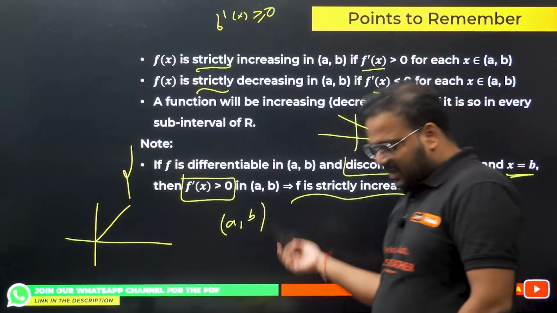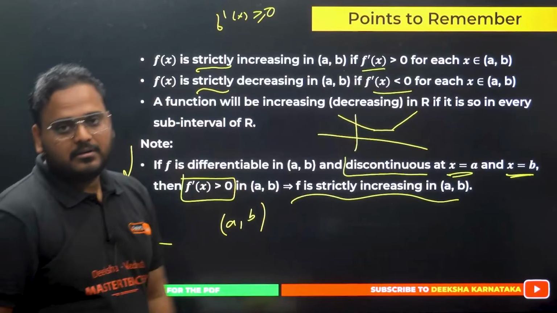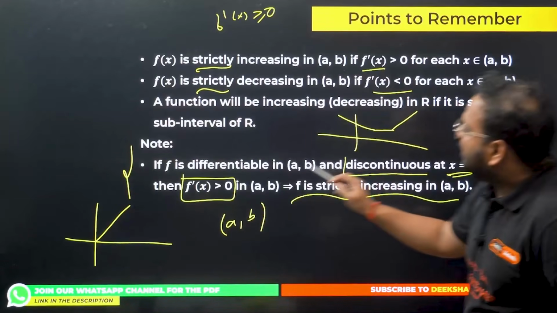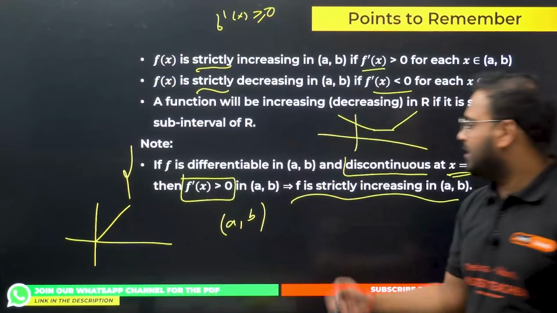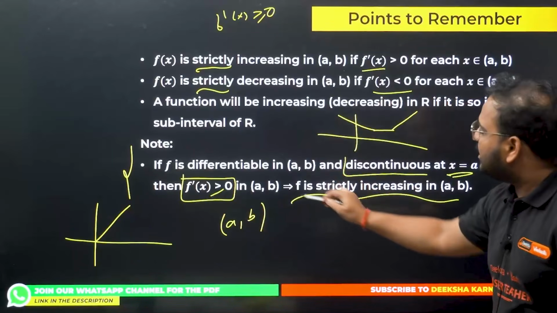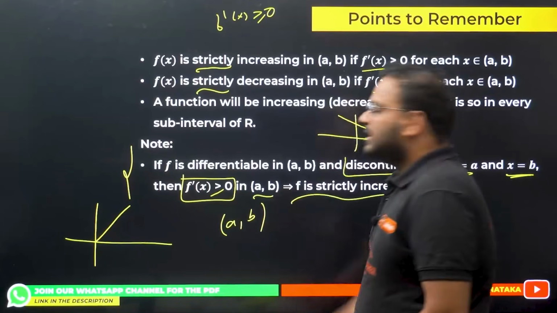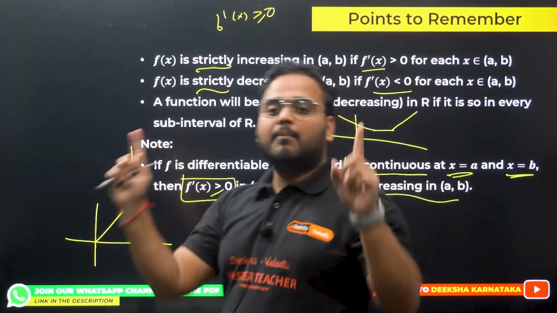Then the points a and b will be out of the conversation for your domain. In that case, even though I have greater than or equal to also, it will still be called strictly increasing in (a, b). Means in the open interval, if it is strictly increasing, then it will be strictly increasing. You don't have to worry about the boundaries.